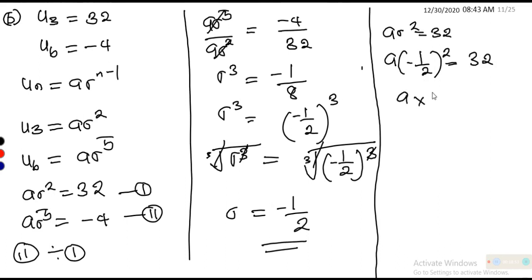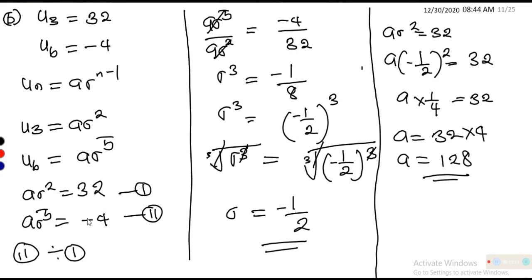So A times 1 over 4 equals 32. Cross multiply, we have 32 times 4. So A equals 128. So we can now substitute into Un to get what we need.